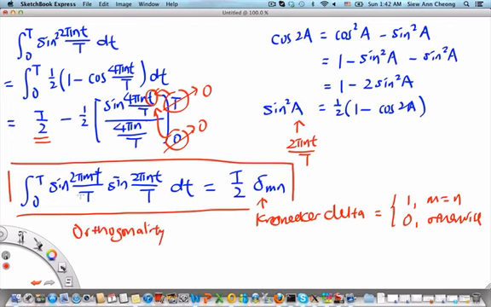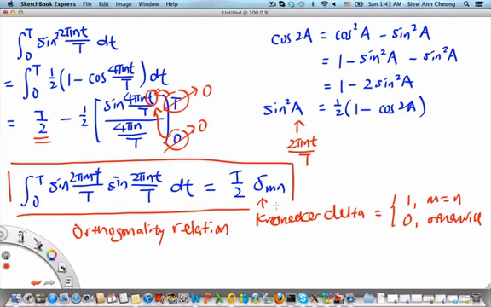That is to say that sine 2 pi mt over capital T and sine 2 pi nt over capital T, these two functions are orthogonal to each other over the time interval 0 to T, but they're not normalized, because if we integrate sine squared of 2 pi nt over T, we don't get 1, but we get T over 2.